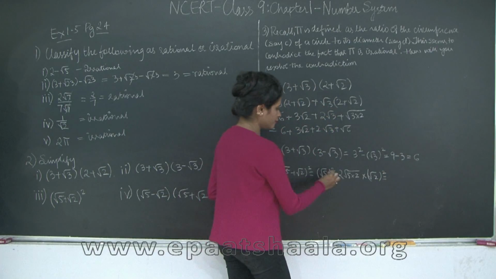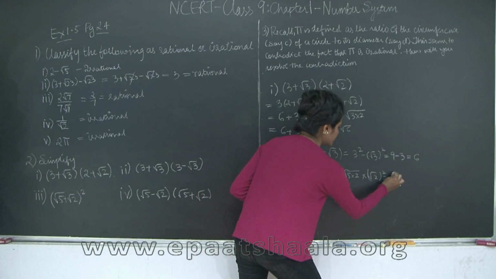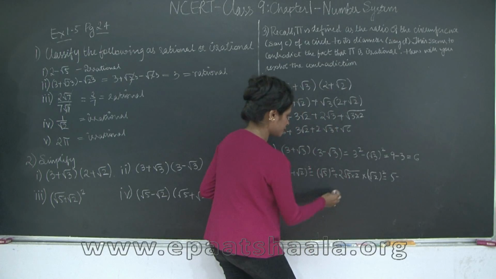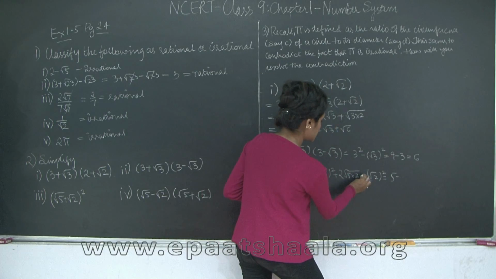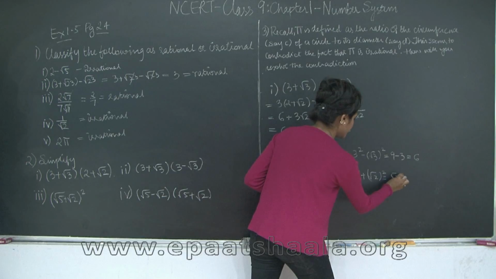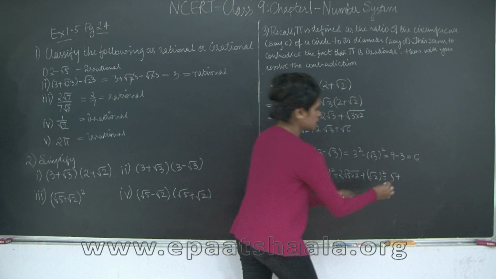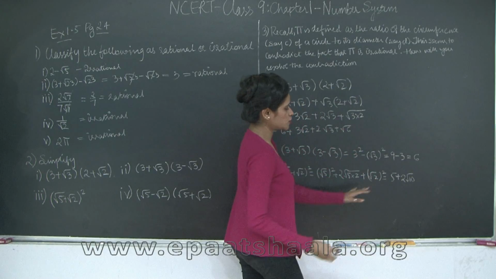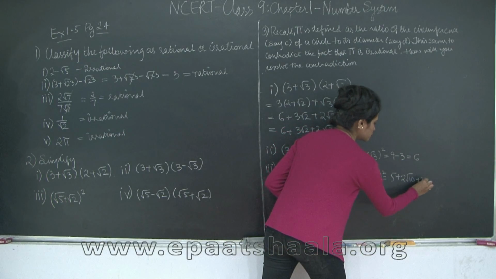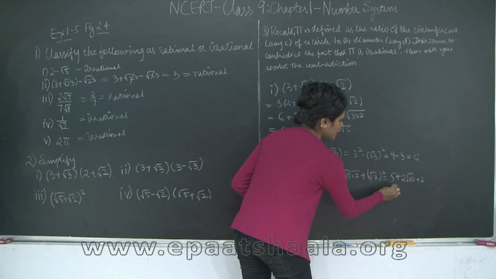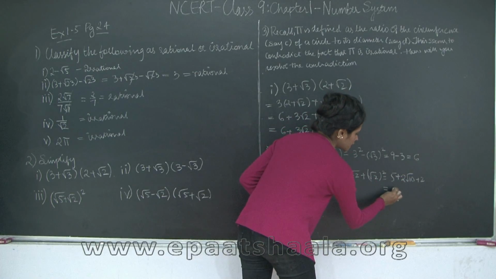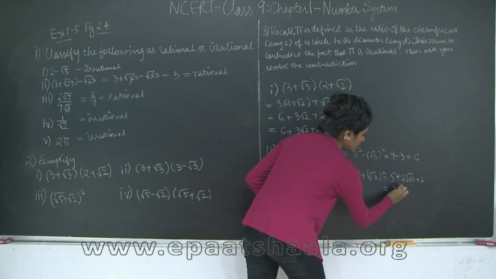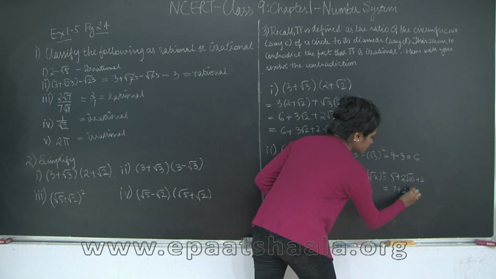This is equal to root 5 the whole square is 5 plus 2 root 10, and root 2 the whole square is 2. So this is equal to 5 plus 2 will give me 7 plus 2 root 10.